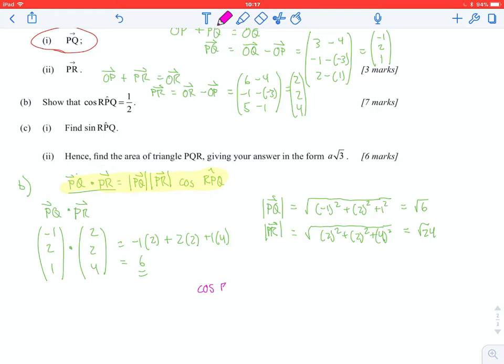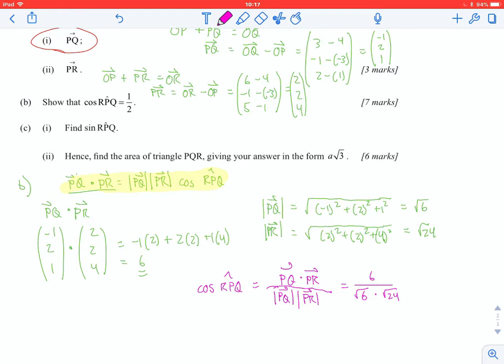So cosine of RPQ is equal to the dot product PQ dot PR, divided by the product of the magnitude of PQ times the magnitude of PR. We found all of these values already. We have 6 in the numerator, and in the denominator the square root of 6 times the square root of 24.